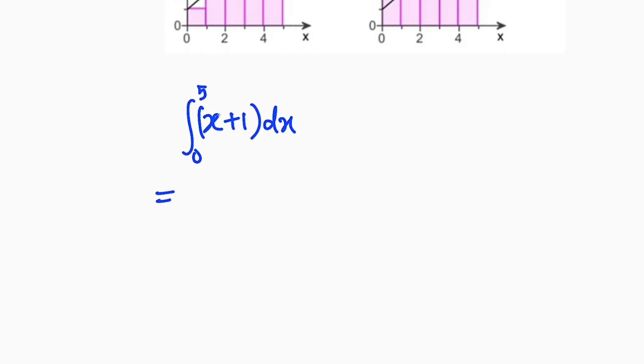So this is equal to the integral of x will give us x squared divided by 2. The integral of 1 with respect to x will just be x. And the limit is from 0 down to 5. We are only going to substitute the upper limit because the lower limit is 0. Substituting 0 here will make everything 0.